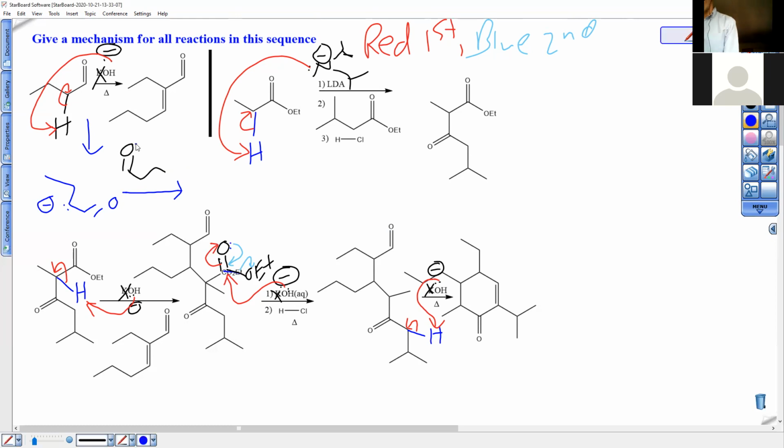If we remember that we also made water. And we have the attack. And then the protonation. And we make our aldol reaction product.